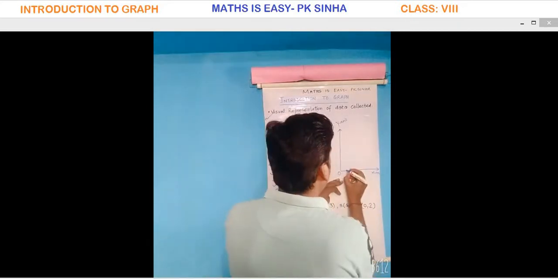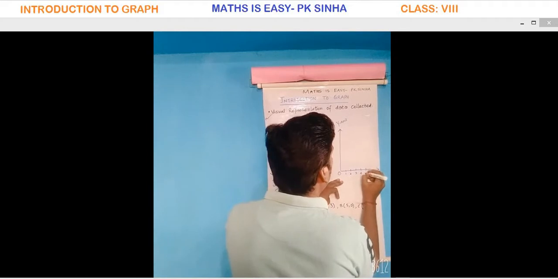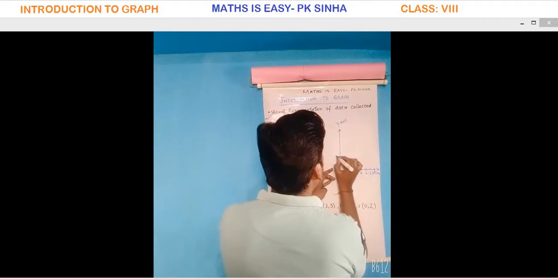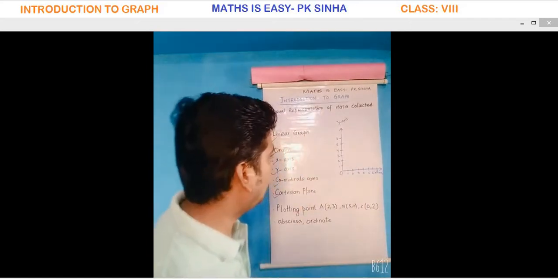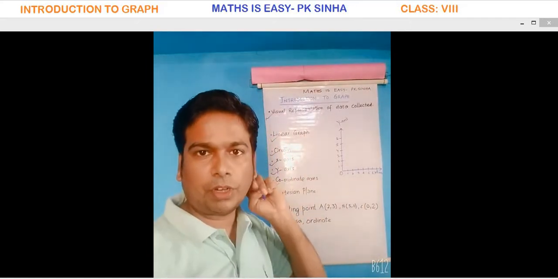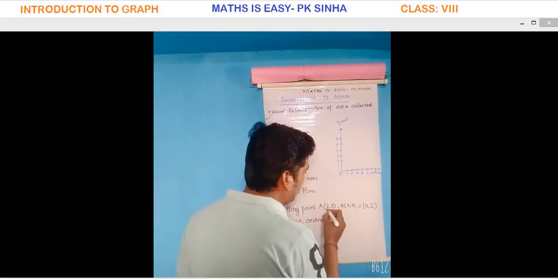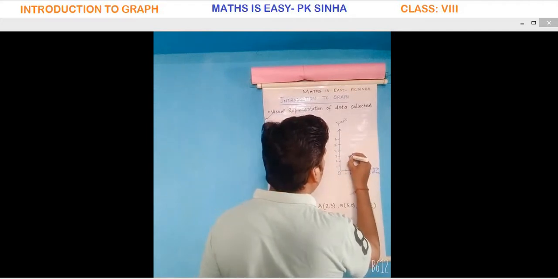So this is the x-axis. What we see here, numbers are written 1, 2, 3, 4, 5, 6, 7, and on the y-axis also 1, 2, 3, 4, 5, 6. Now A(2, 3) is a point. Suppose A is a point here.